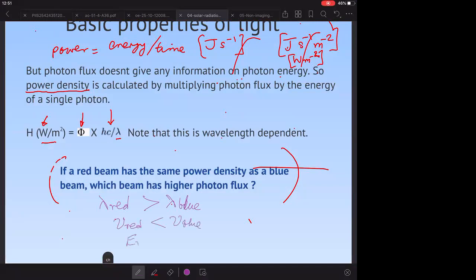The energy of red is smaller than the energy of blue. Is everybody okay with that? Because we know that the energy is inversely proportional to wavelength and directly proportional to frequency. So a red photon has less energy than a blue photon. So if I have to have the same power density, I need to have more of the red in order to have the same power density.